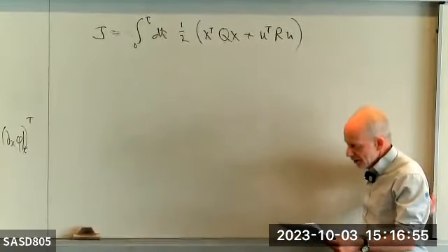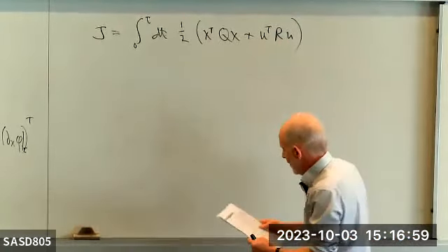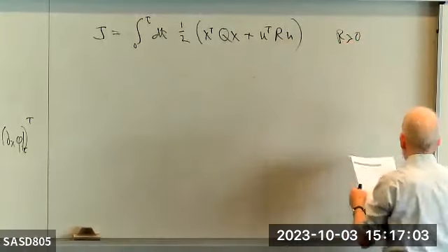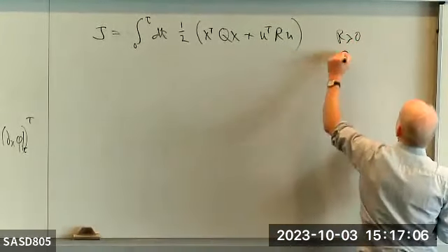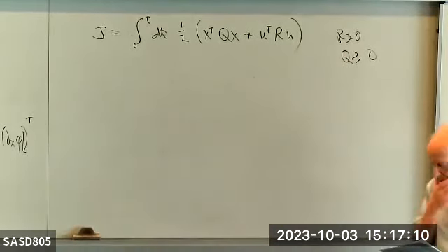These are symmetric matrices, and we need R to be positive definite and Q to be positive semi-definite.